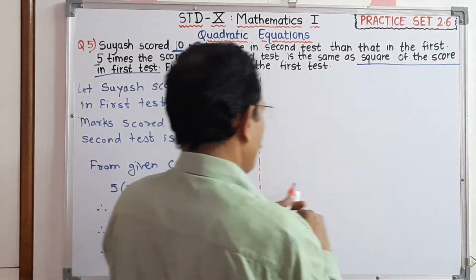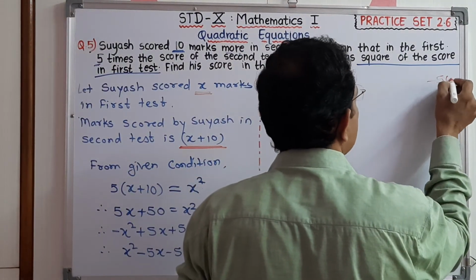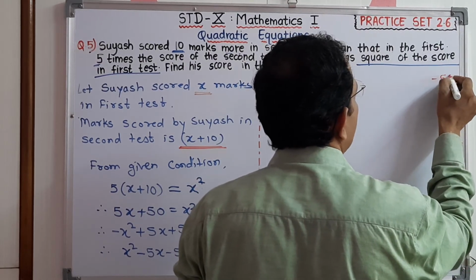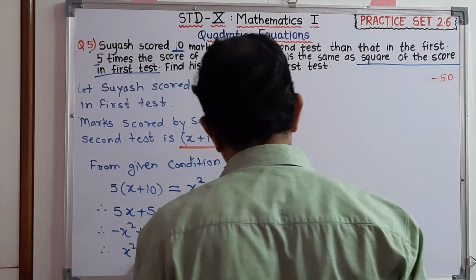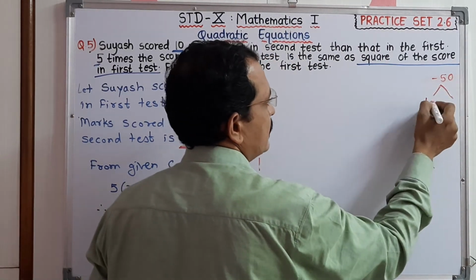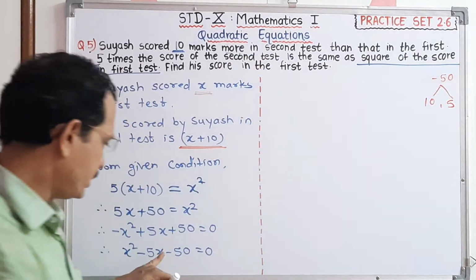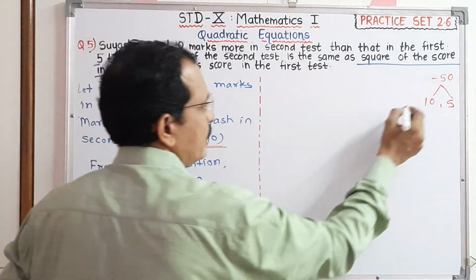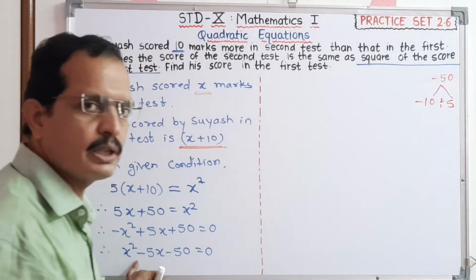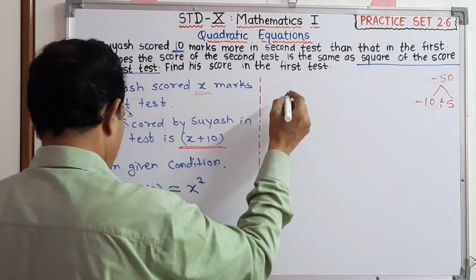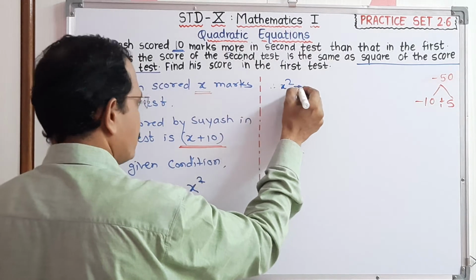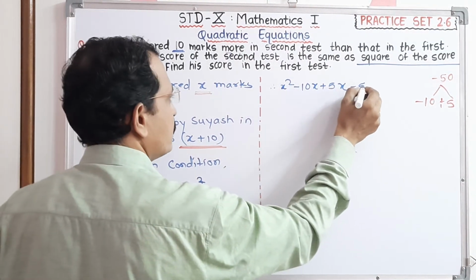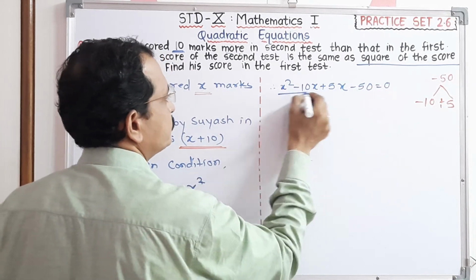Minus 50 we have to factorize, whose subtraction is equal to 5. Therefore it is 10 and 5. Here it is minus, therefore the middle sign to the bigger one and the opposite sign to the smaller one. Now we can write x square minus 10x plus 5x minus 50 equal to 0.